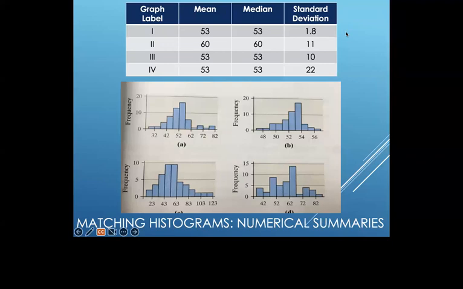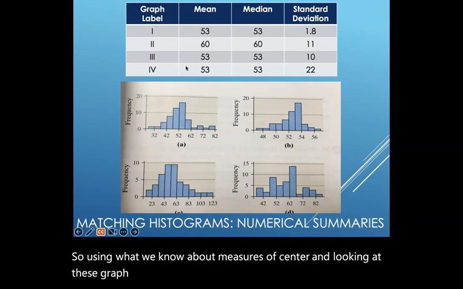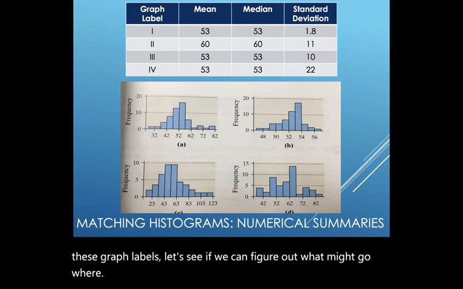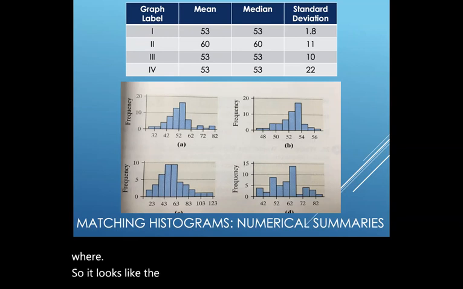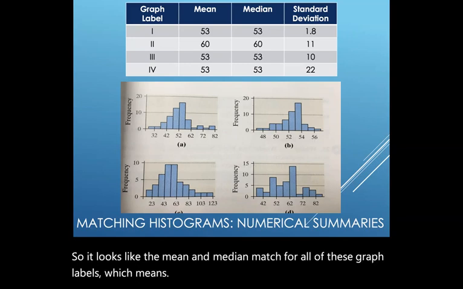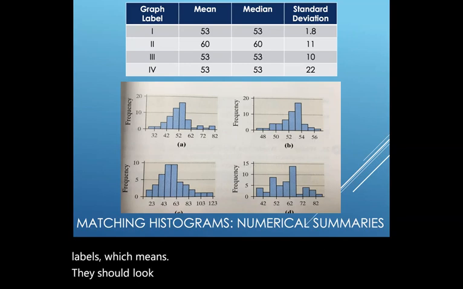Okay, so using what we know about measures of center and looking at these graph labels, let's see if we can figure out what might go where. So it looks like the mean and median match for all of these graph labels, which means they should look relatively symmetric. They might be a little off, but not too bad.